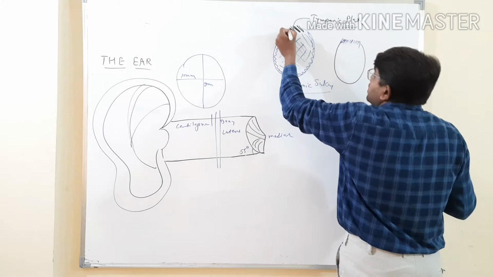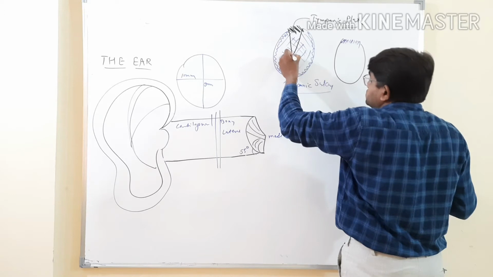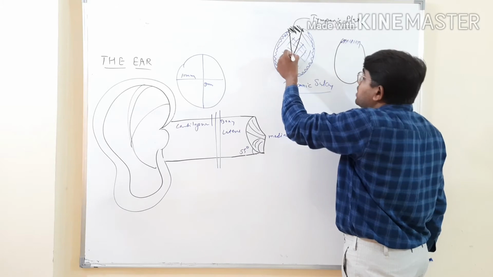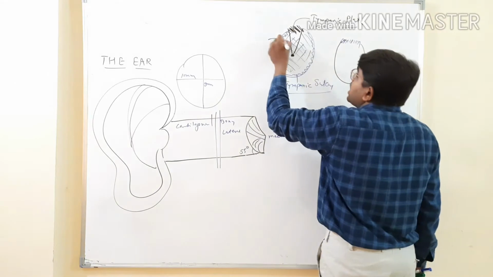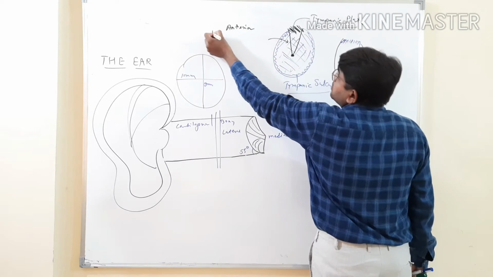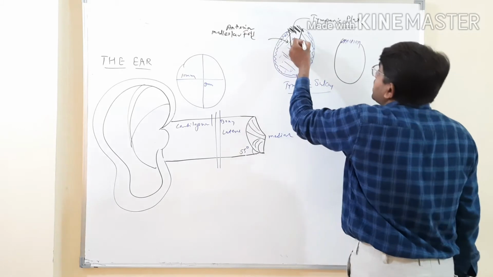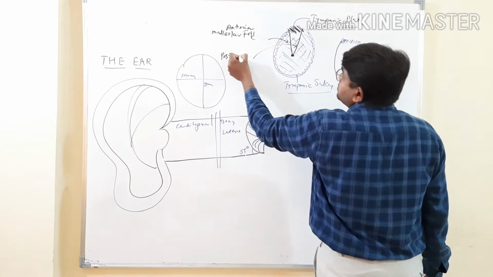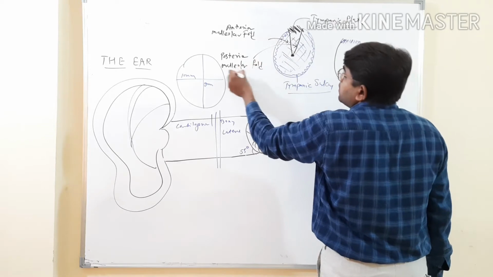From this tympanic plate, from its anterior end and from its posterior end, two folds of fibrous tissue are formed and they converge toward the central point of the tympanic membrane. These folds are known as the anterior malleolar fold and the posterior malleolar fold.